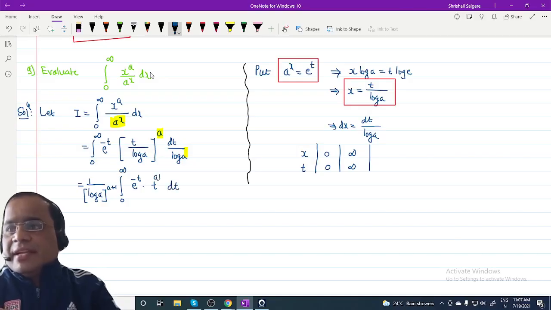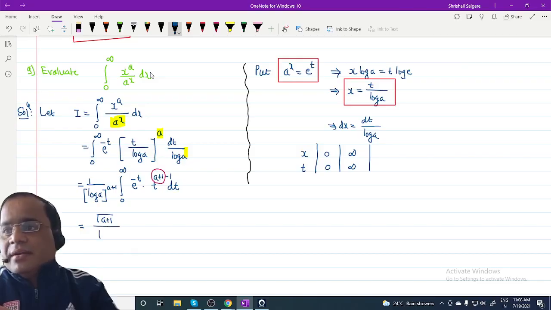The remaining integral is in the gamma form, so it can be written as plus 1 minus 1, and it defines gamma of a plus 1. Therefore, the final answer is gamma of a plus 1 divided by log a raised to a plus 1.